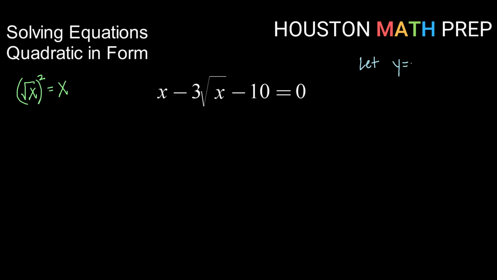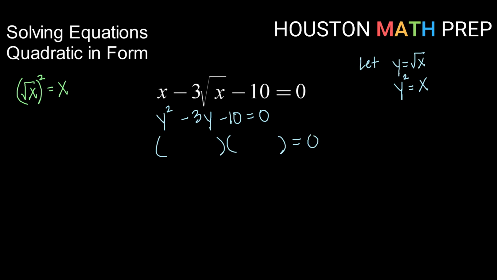Let y be the square root of x. And that would mean that y squared is x. So now we have y squared minus 3y minus 10 equals 0. Once again, this one will factor, but you can use whatever solving method you prefer.